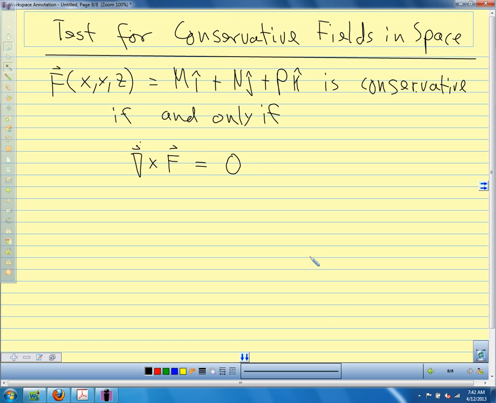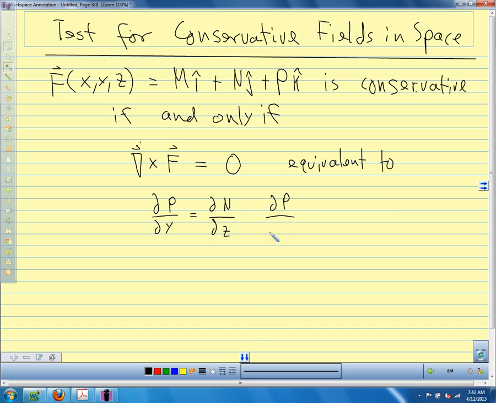And you were thinking on the right track with those partials. This is equivalent to the partial of p with respect to y equals the partial of n with respect to z.